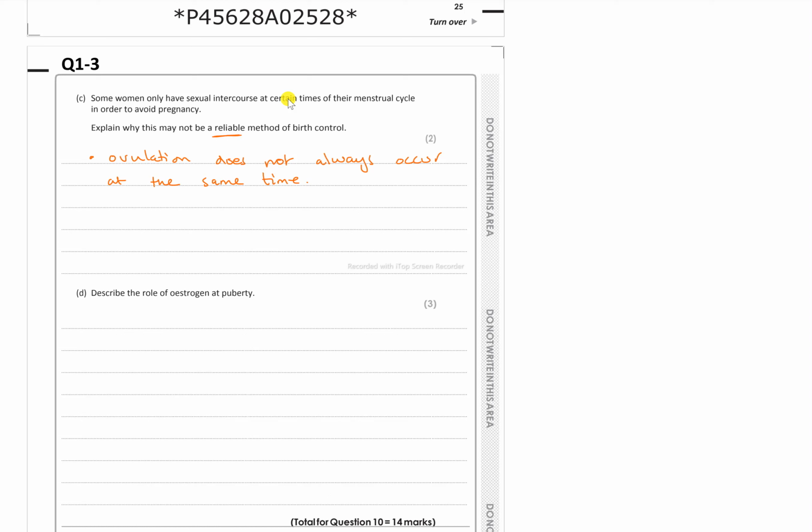So, for example, you may ovulate early, then becoming pregnant, or ovulate late.